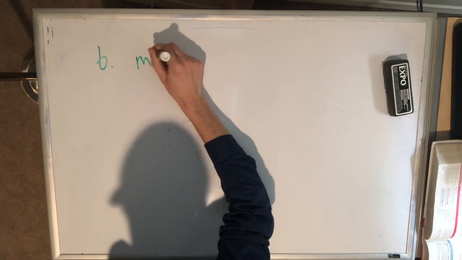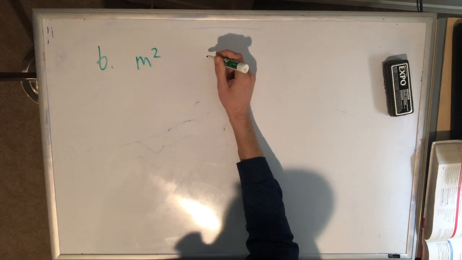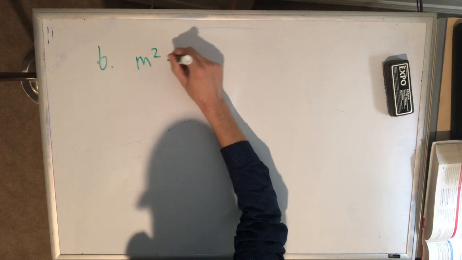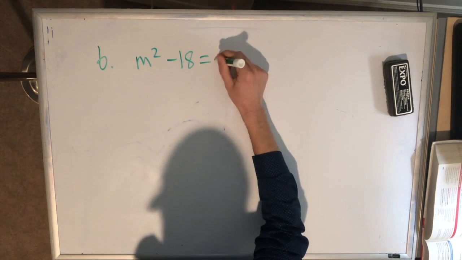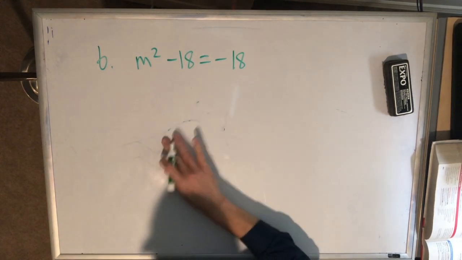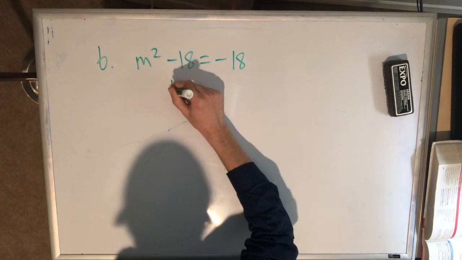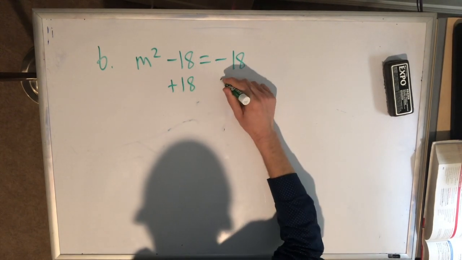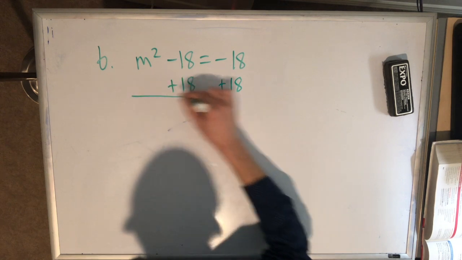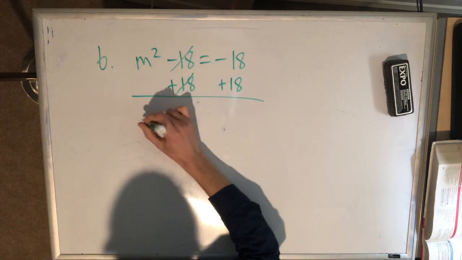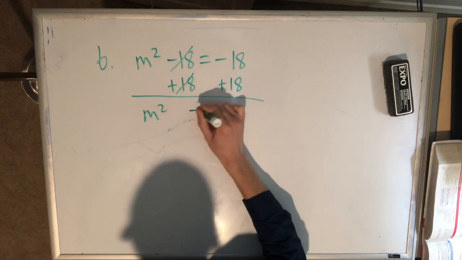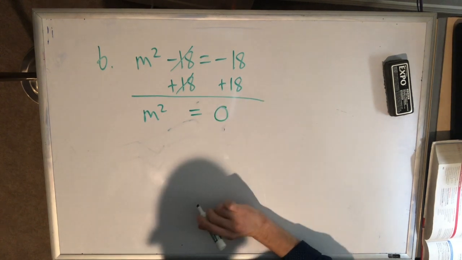m squared minus 18 equals negative 18. Let's add 18 to both sides. So now we get m squared equals 0.